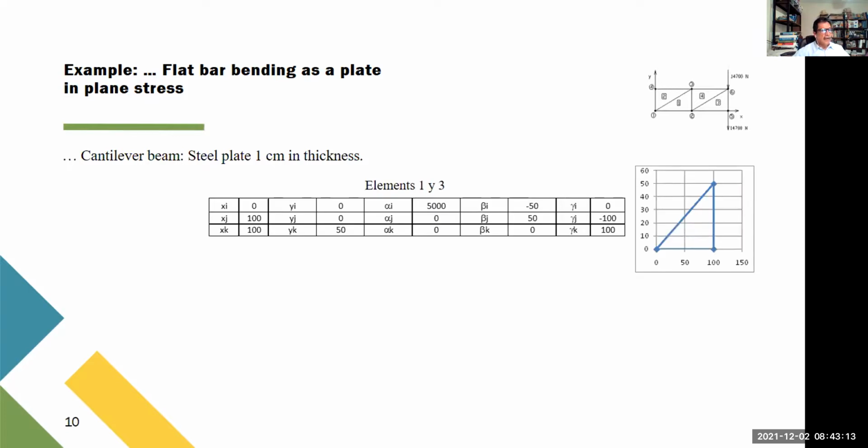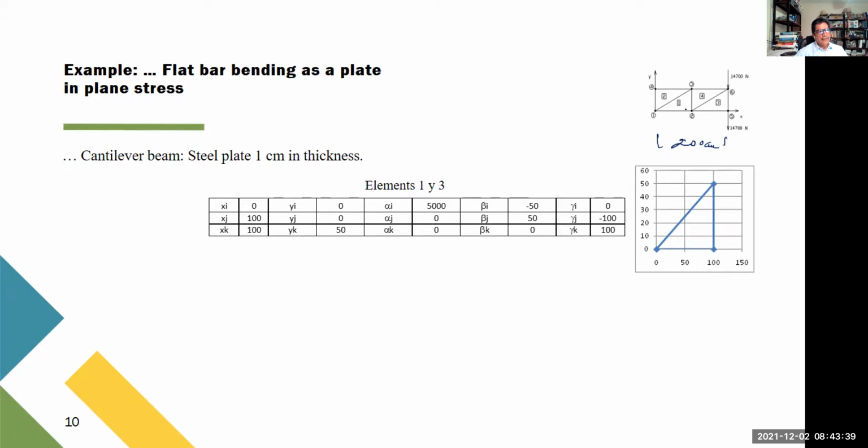So this is for element 1. This is the same figure as before. You have here, here, and here. From here to here, this is 200 centimeters. So this point here has an x position of 100. That's what you see here. Joint 1 is 0, 0.